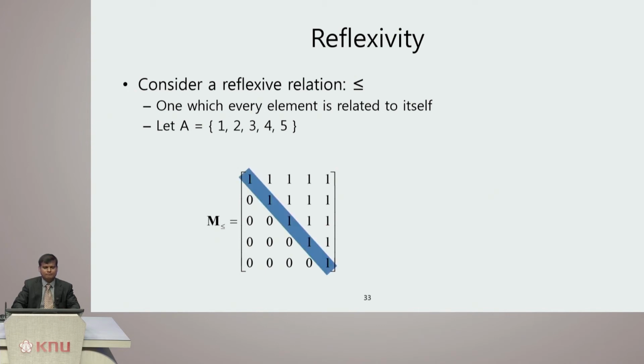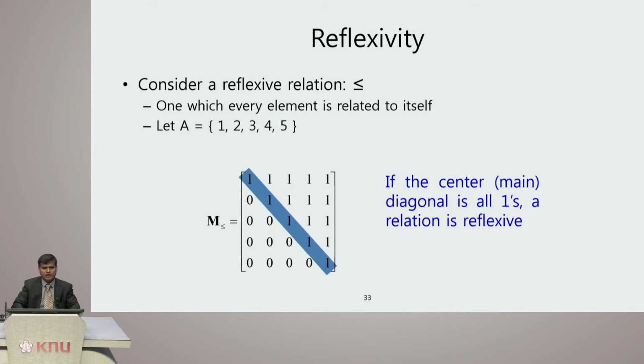Here the diagonal elements are all 1, and that is an indication that this has a reflexive relation. If the main diagonal entries are all 1s, the relation is reflexive.